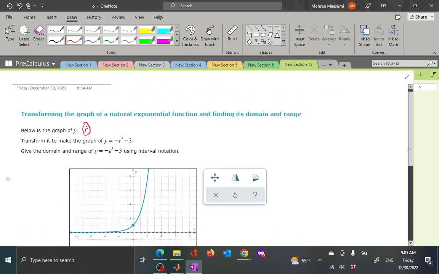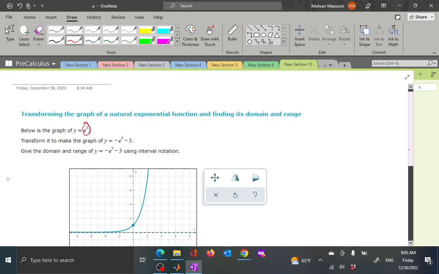The tools that we are given, there is this pen tool that you can use to drag your graph to the left or right or up or down. You can reflect it across the y-axis and you can reflect it across the x-axis. So the idea here is to quickly get to the picture by making some transformations to the picture.